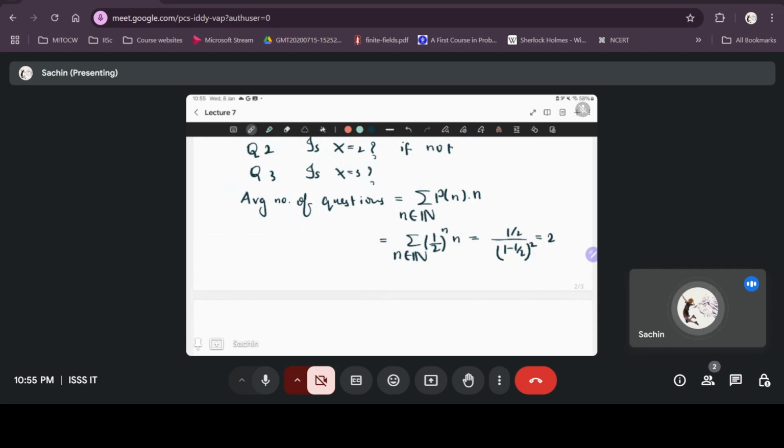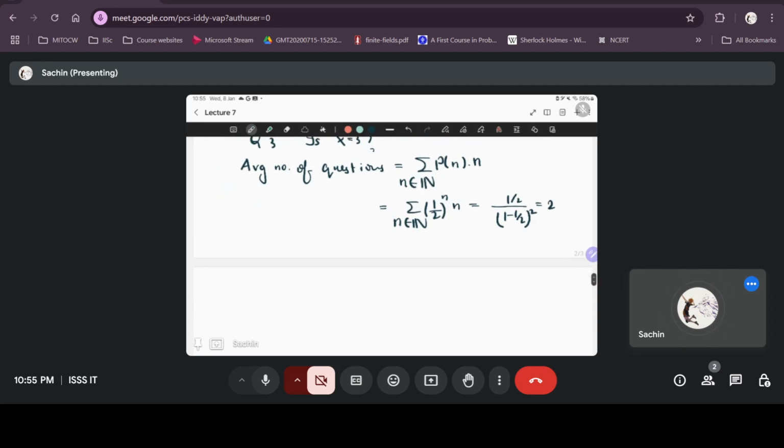So entropy really is the number of yes no questions you can ask to find out the value of the random variable on average. That is the minimum expected number of questions you need to ask to find the actual value of a random variable when an experiment is carried out.